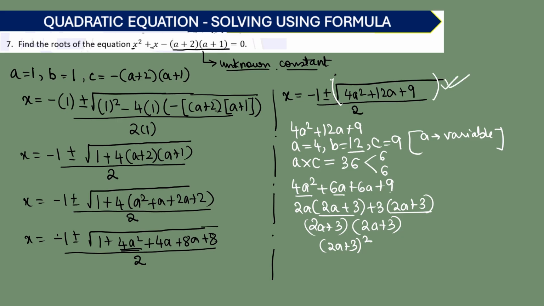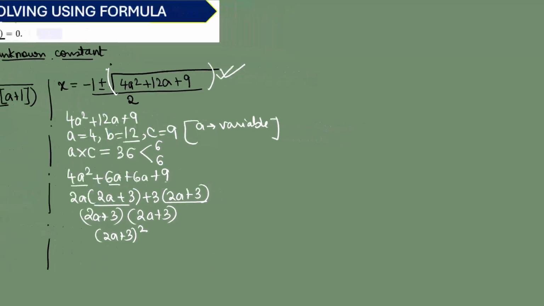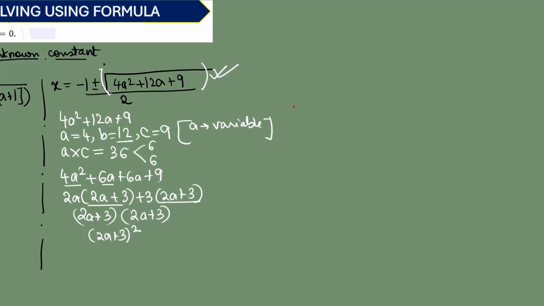Now we are coming back to this equation. Okay, I am erasing this part. Or let us solve it over here. Okay. So what do we have here? We have x is equal to minus 1 plus minus under root of 2a plus 3 the whole square upon 2.